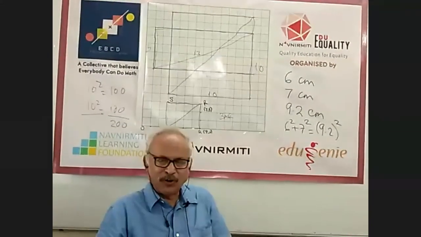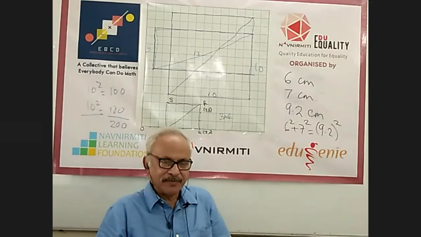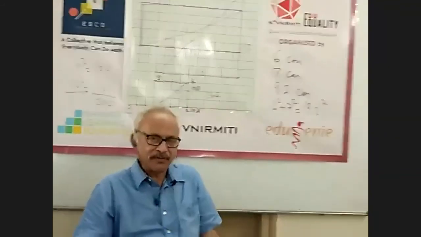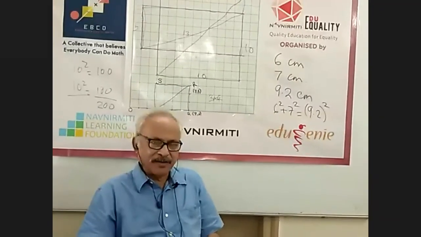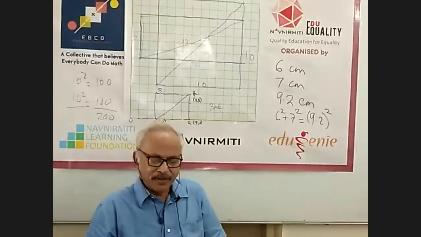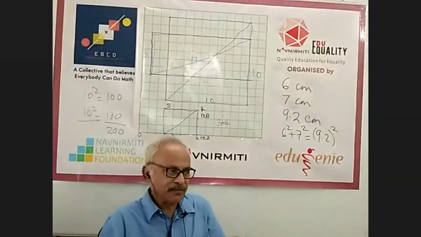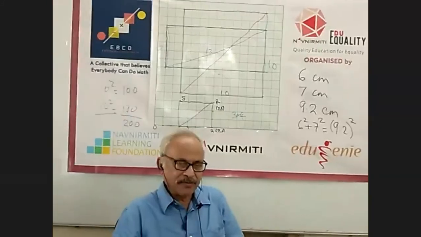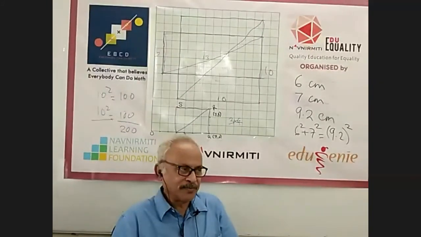So you know how to do 200? Sir, 200 also. How did we do 200? Recall. Divide 200 by any number. Method. See the answer. 200 you have done.